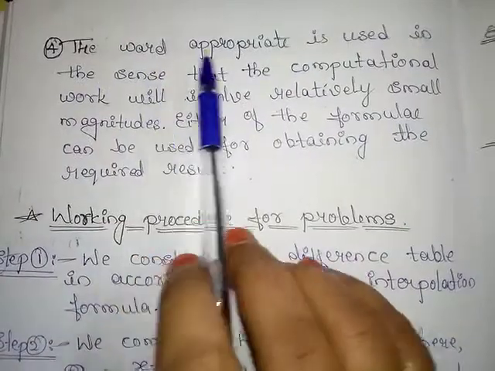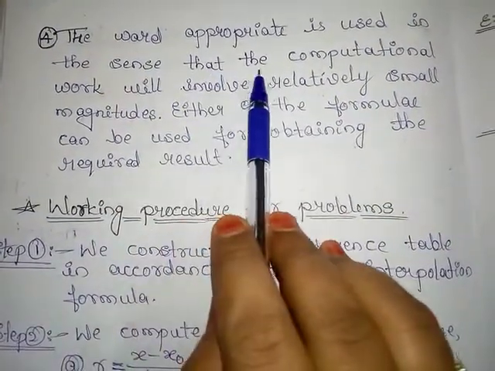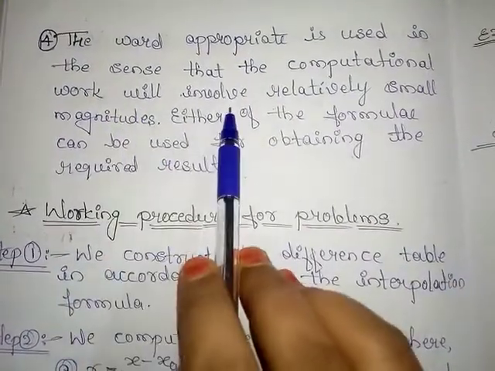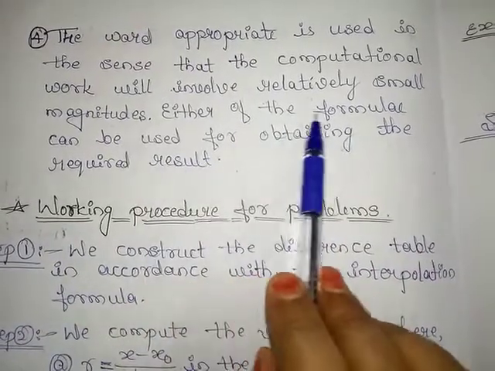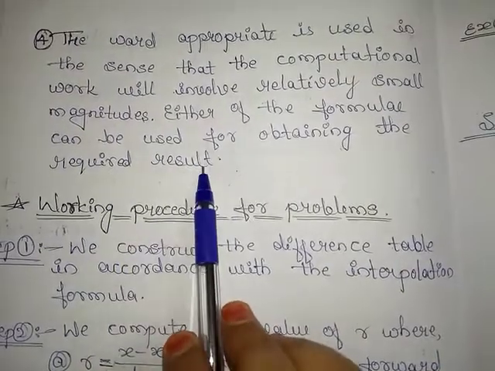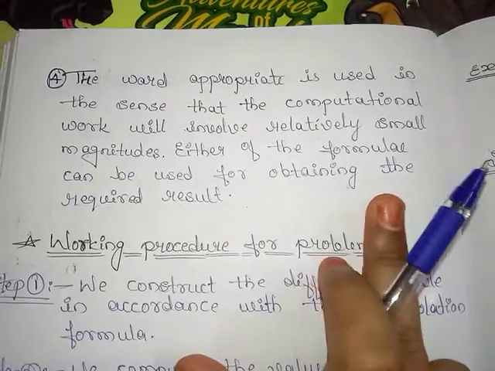Fourth one, the word appropriate is used in the sense that the computational work will involve relatively small magnitude. Either of the formulae can be used for obtaining the required result. Note this point clearly.